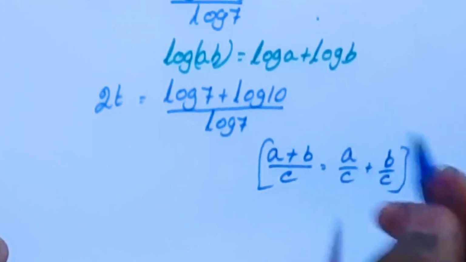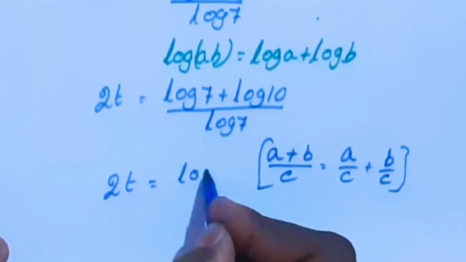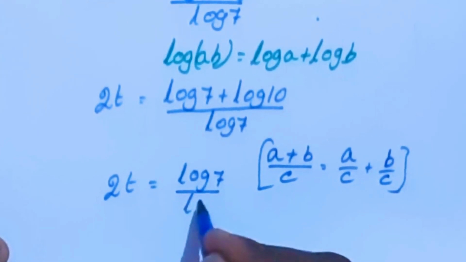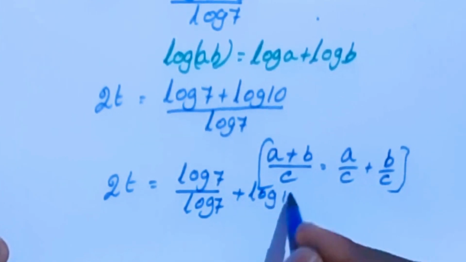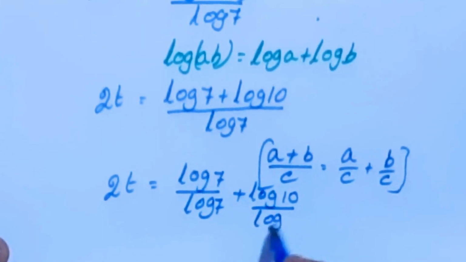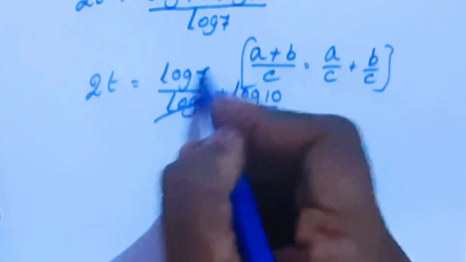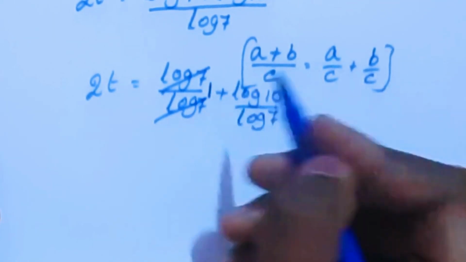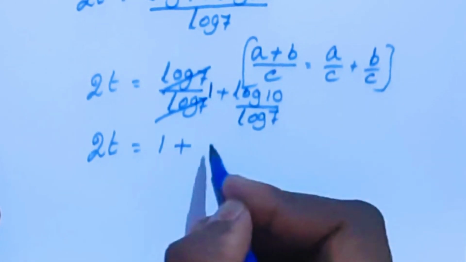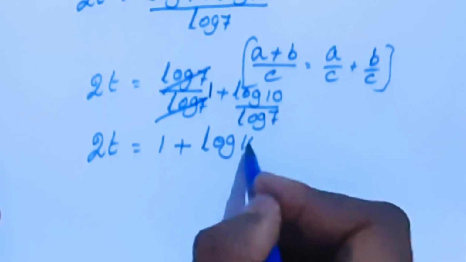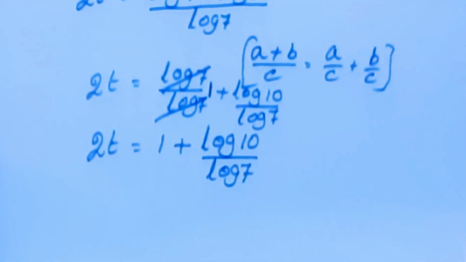So this we are going to apply here. 2t equals log 7 by log 7 plus log 10 by log 7. So this log 7 cancels this log 7. So here 1. So 2t equals 1 plus log 10 by log 7.